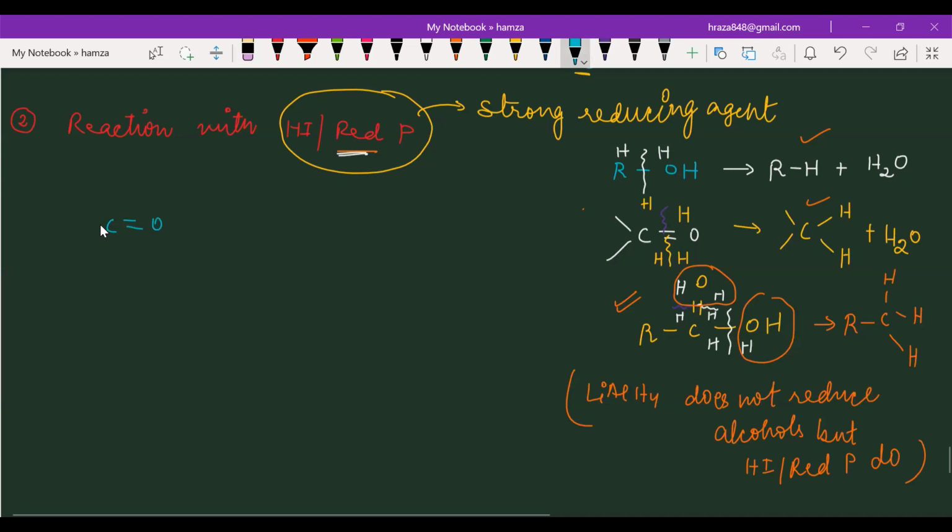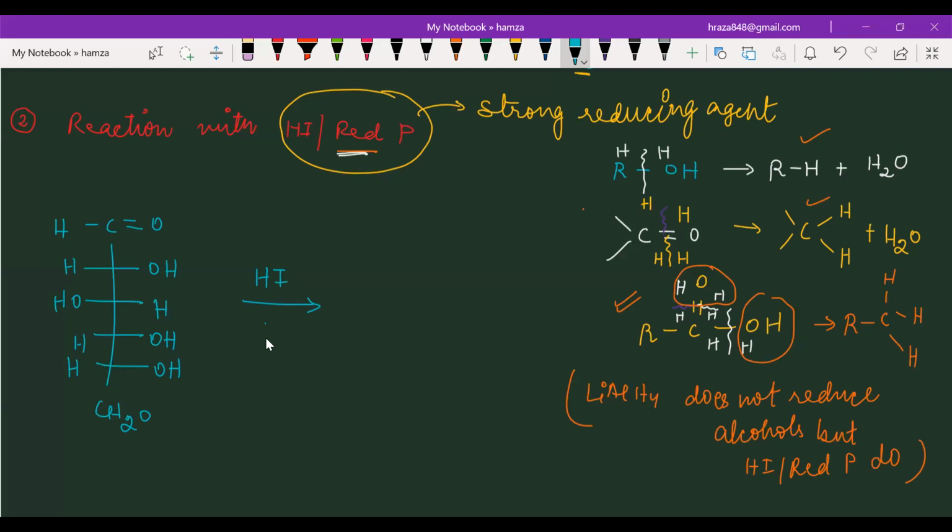C double bond O, H, and then OH, then H, then OH, then OH, and then H, OH, H, and there will be CH2OH. So if you are going to react this with HI in the presence of red phosphorus, you can see what happens. Please concentrate here.